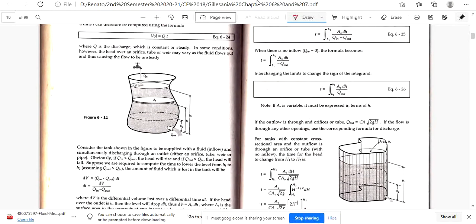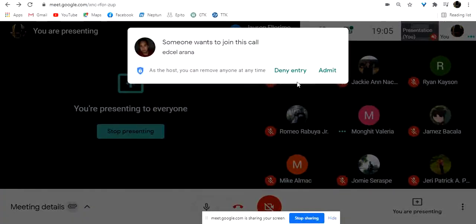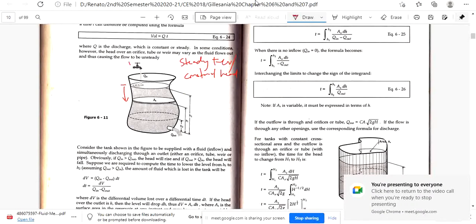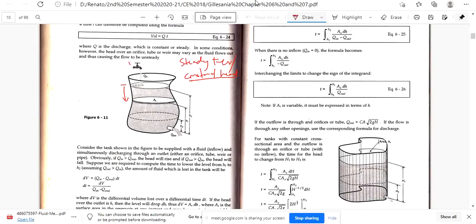If you look closely, if this is your tank, there's a different elevation already as the flow continues, as the discharge continues to flow out from the tank and there is no Q in, so your water level goes down. Unlike in steady flow, or constant head, which is the usual case, where the head is constant because your Q in is equal to Q out.